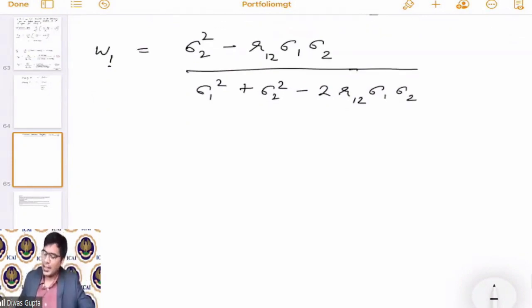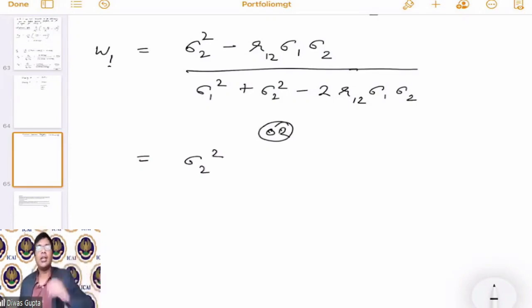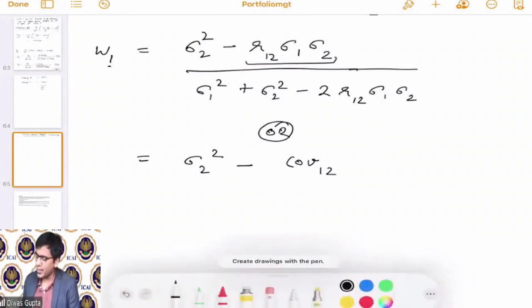And using the relationship of R and standard deviation, we can use the covariance, correct? For the second security variance we will take minus the covariance between 1 and 2, because R12 times standard deviation 1 times standard deviation 2 is actually a covariance.